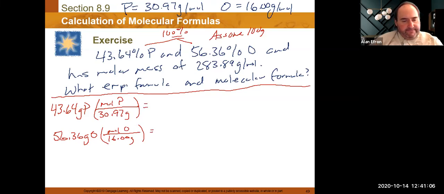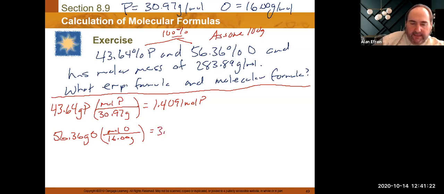And if we do that, looks like we get something like 1.4091 moles of phosphorus and 56.36 divided by 16, 3.5225 moles of oxygen.